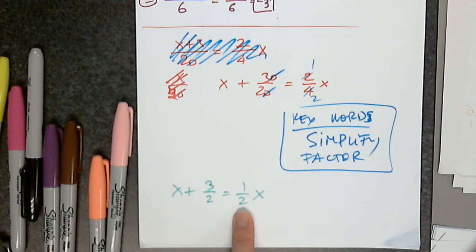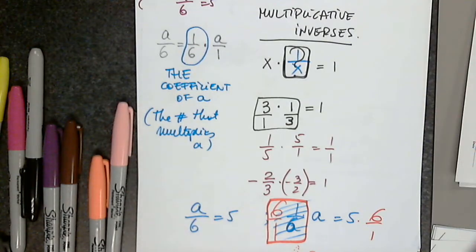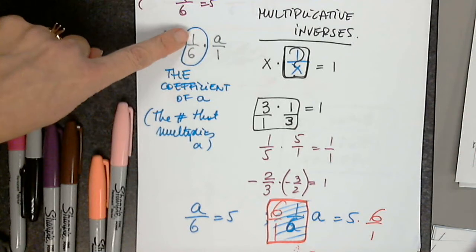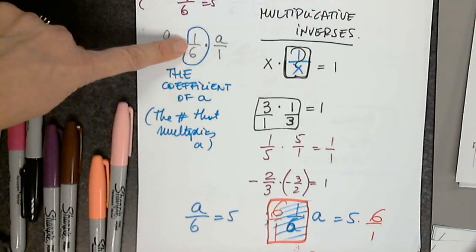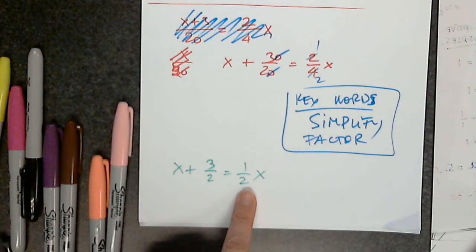I will in a minute. But what is the coefficient of x here in this expression? So when we have a over 6, we imagine that it is actually 1 over 6 times a. So the coefficient is everything that I see in front of a, not just one portion or the other. Is that okay? So then the coefficient is indeed 1/2.